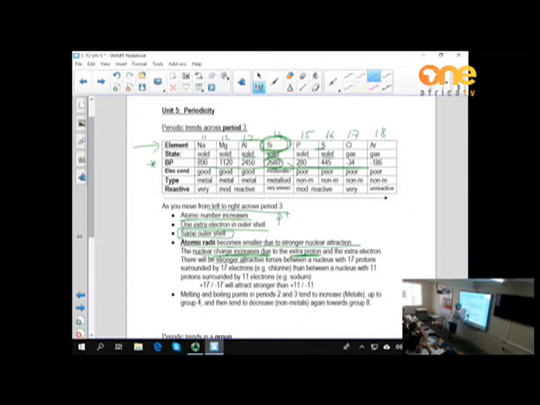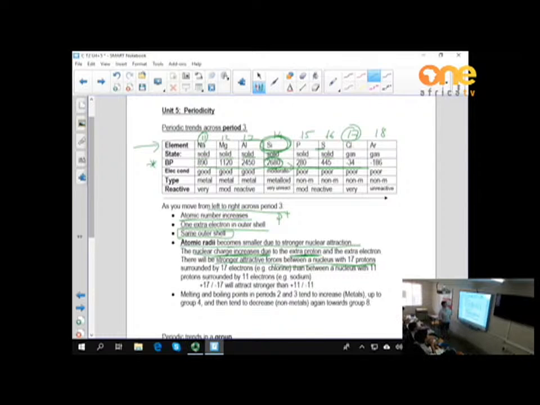There will be stronger attractive forces from the nucleus if we have something with, for example, 17 protons, let's say chlorine. It's got 17 protons and 17 electrons, and if you compare it to something with 11 protons and 11 electrons, the force is going to be stronger, trying to pull them in closer.